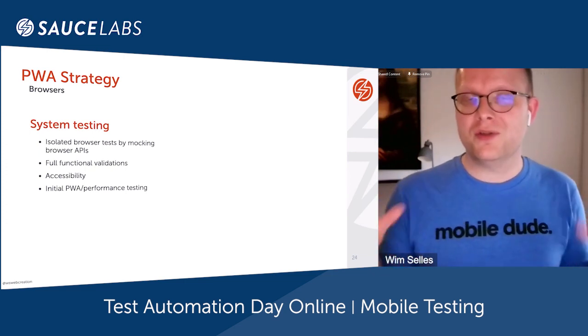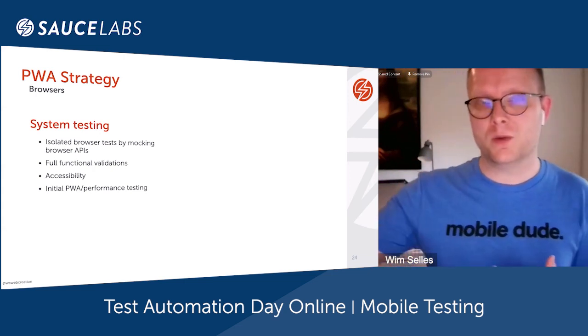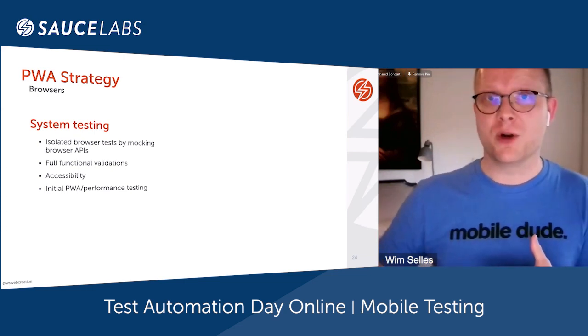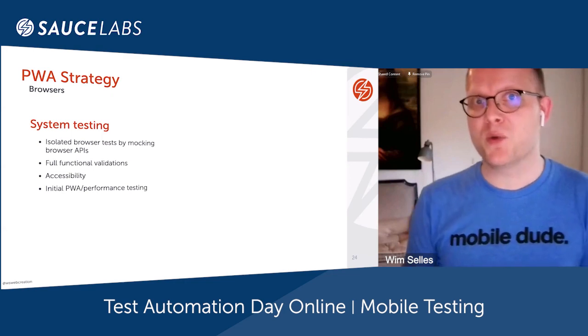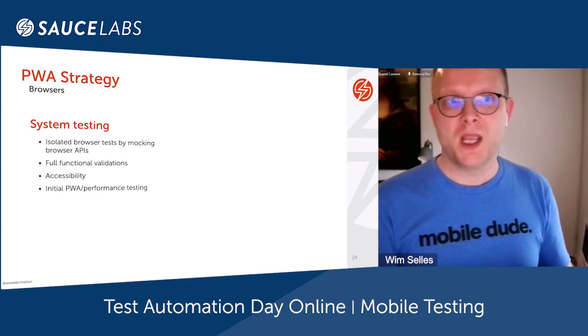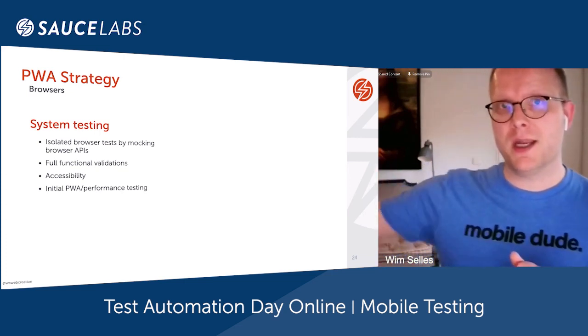I don't want you to test the browser API itself, only that your application can call it with the right arguments. Because if the browser API itself is broken, it's broken for everybody. So yeah, I don't know if you want to test that, but that's basically something that you can test with your browsers. Full functional validations, just walk through your application, just see if you can hit every page.